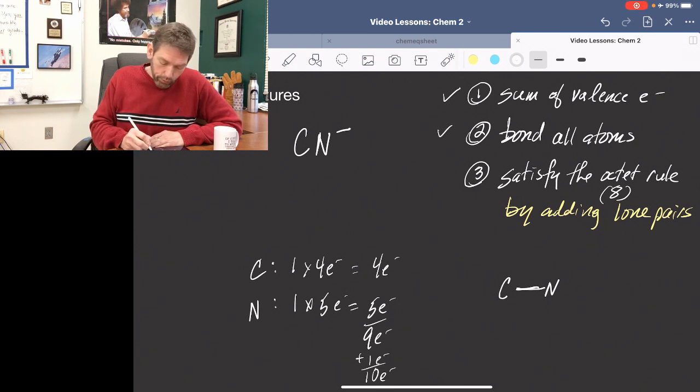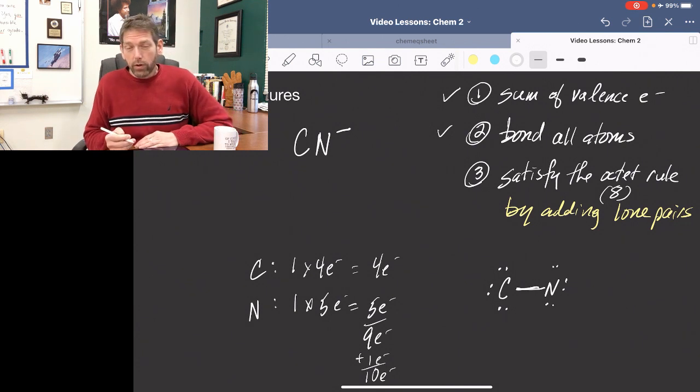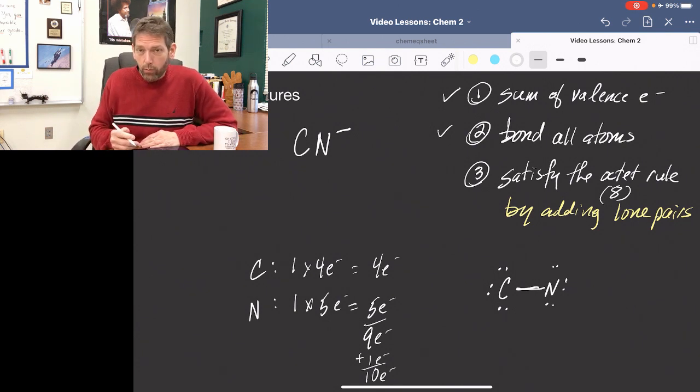Satisfy the octet rule. So we're going to go 2, 4, 6, and then right there is 8 around that carbon, right? And so this 2, 4, 6, 8 around the nitrogen. And so we've satisfied the octet rule. If we look around carbon, remember 2, 4, 6, 8.